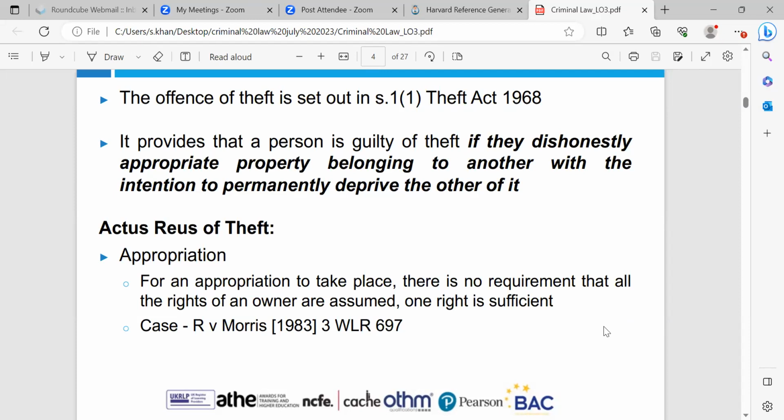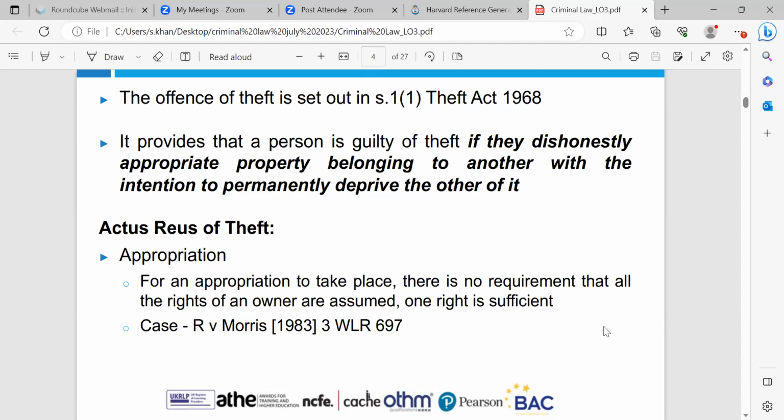In this case, the facts are that the defendants were convicted of theft under Section 1 of the Theft Act 1968 after switching the labels on products in a supermarket to obtain a lower price. One of the defendants was caught before he paid, while the other was only caught afterwards.